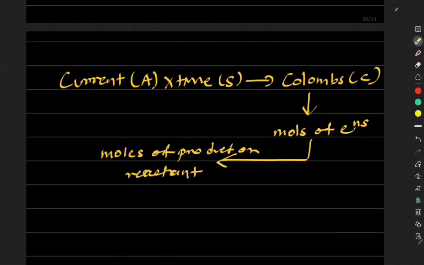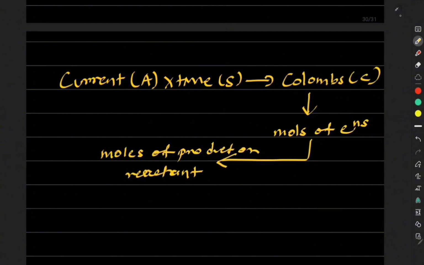Here we multiply the current by time to find the charge, and then divide the coulombs by the Faraday constant to find the moles of electrons, and thus the moles of product or reactants.